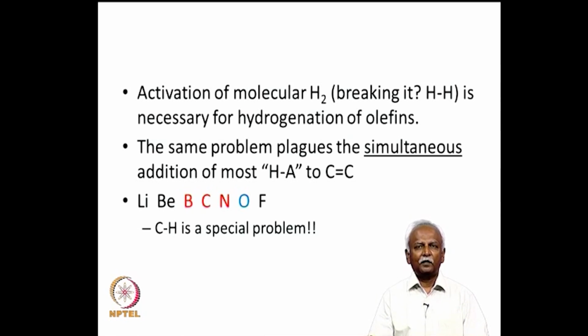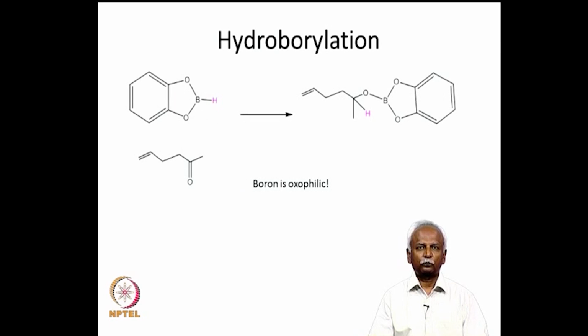Oxygen in fact is quite polar, and so the difference between oxygen and hydrogen in terms of electronegativity is indeed large, and so it should be able to add on without difficulty. But as we will see, even the addition of the OH bond to the C double bond C turns out to be a reaction which needs a catalyst.